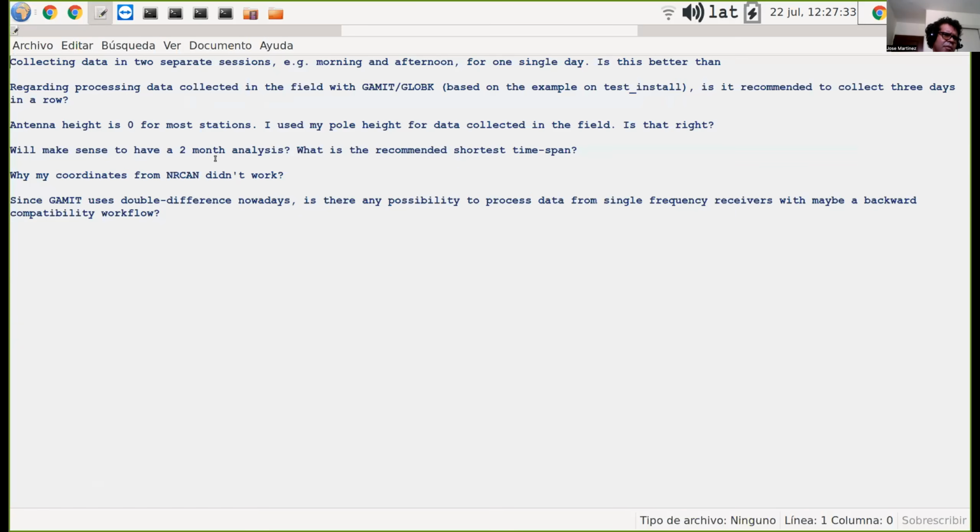It was a question that I have here. In the first place, I put my NRCan coordinates that I obtained from the PPP services from Canada, and it didn't work. It was shifted a lot of meters from the solution that I generated with SH to APR.